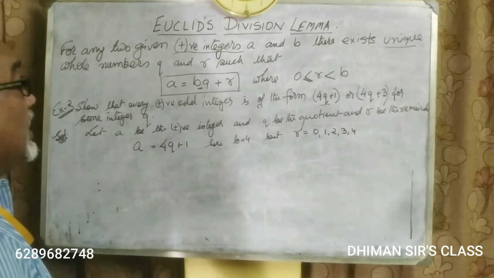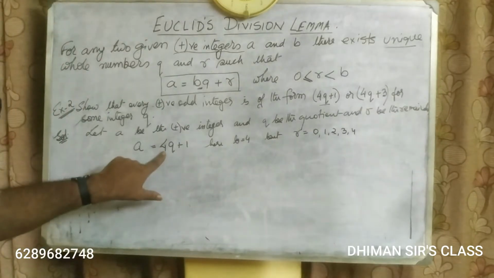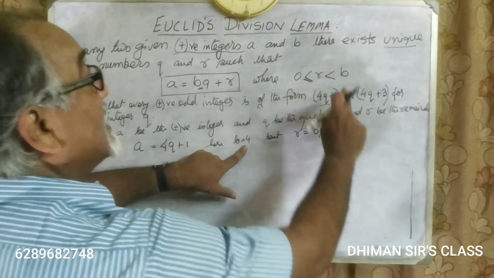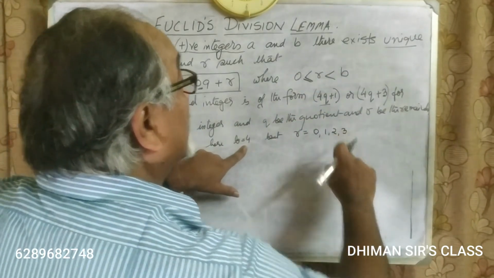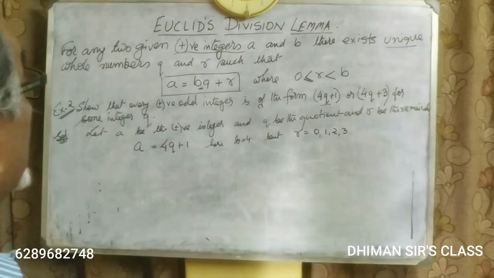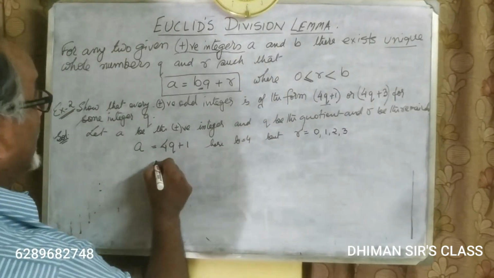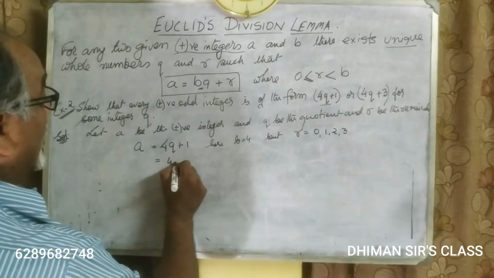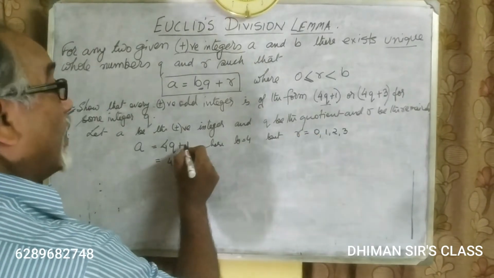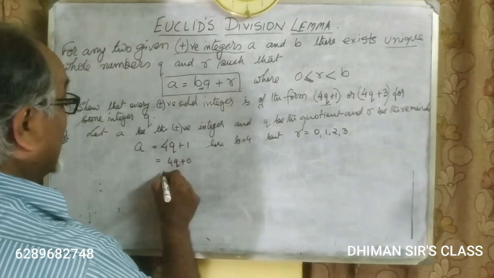No, sir. Not 4 because B is 4 here. It should be less than 4. So we cannot take 4. Clear, students?